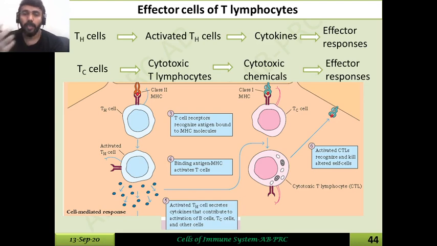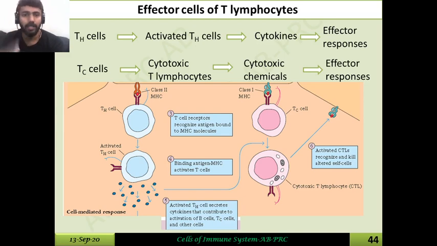The normal situation is that when there is a self cell, when our own body cell is damaged, just like when a cell is having a viral infection, for example, or the cell is having a tumor development. In such situations, what the cell does is, the cell will present a self antigen, a self peptide on the surface of the class 1 MHC.